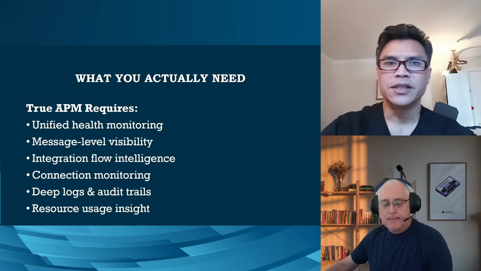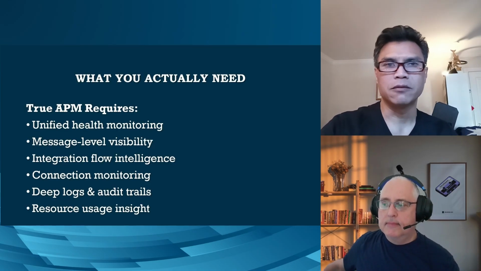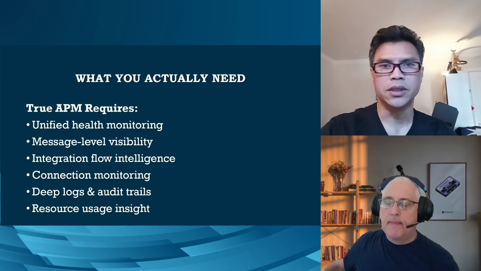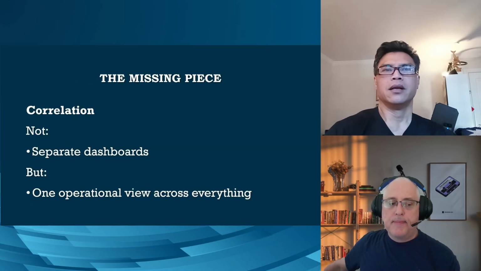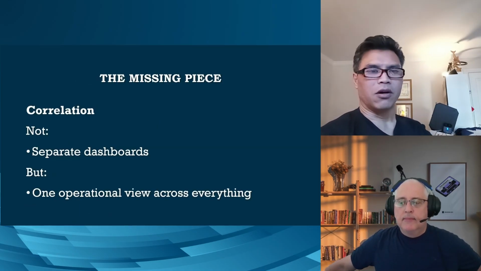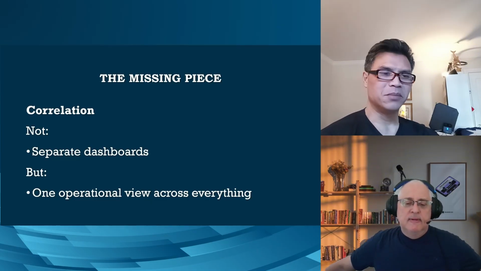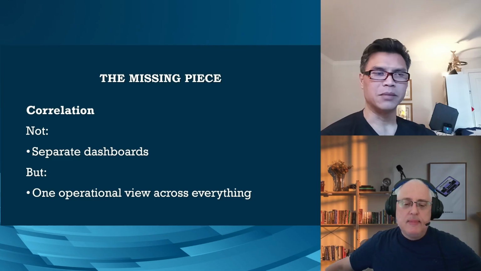So can all of this be put together in one place is kind of what we're interested in, like what you really do need, right? If you bring all this information together in separate dashboards and separate applications, can it be easily correlated? Not really, as we know.